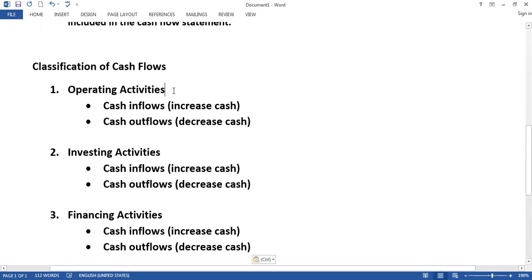Now, what are the operating activities actually? They come from income statement items. So income statement items belong to operating activities. And if you remember your principles of accounting 1 course, what are the income statement items?